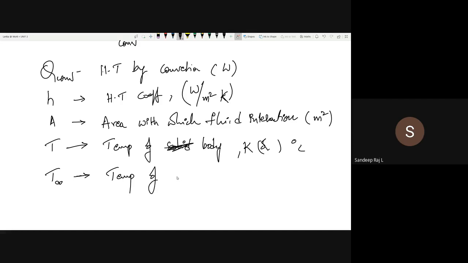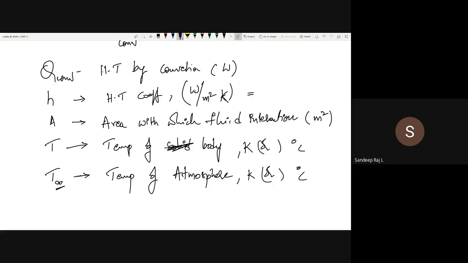Temperature of the fluid, of the ambient or atmosphere. Whenever I write infinity here, I am referring to the surrounding temperature or the atmosphere temperature. It can also be measured in Kelvin or degree centigrade.